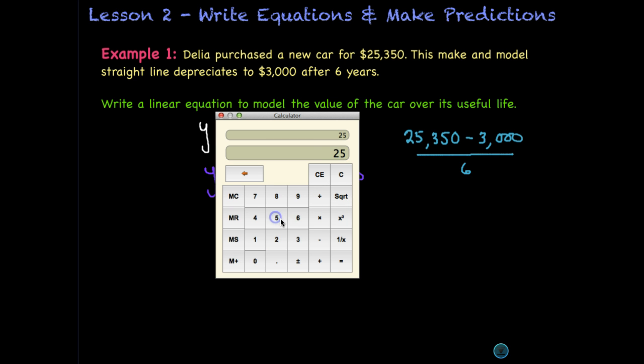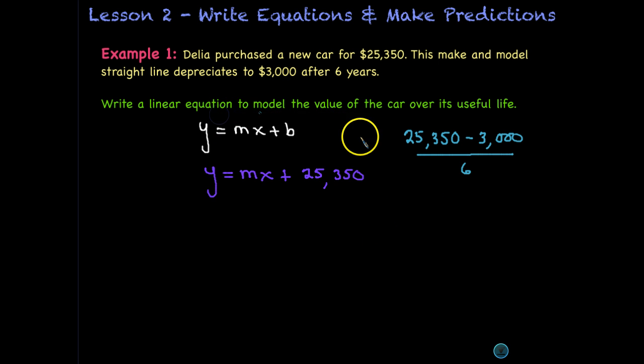So if we take 25,350 minus 3,000, we get 22,350, and if we divide that by 6, we get $3,725. That is our annual depreciation. So we know that that is going to represent M.